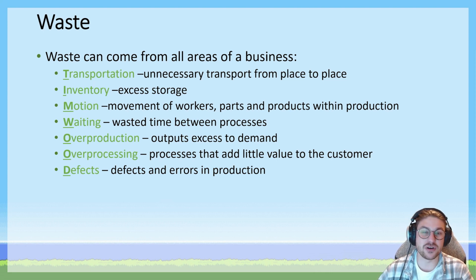Consider if you've got two factories and you need to move goods from one place to the other place, or you've got employees who split their time between the two places mid-shift, they're going to be transporting from one place to the other. It's going to cost fuel, it's going to take time. Likely, if you're transporting goods, you're going to have employees, labor, to be moving that good, and you're paying for that time. If you can eliminate unnecessary transportation, you will save a lot of resources.